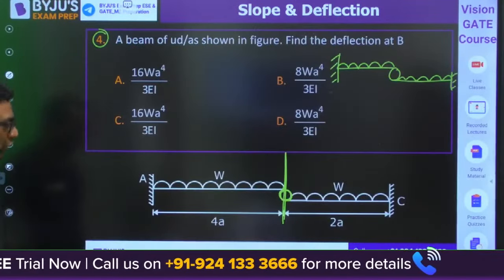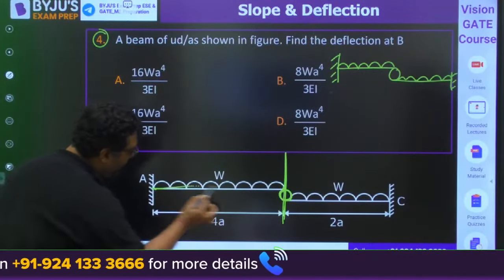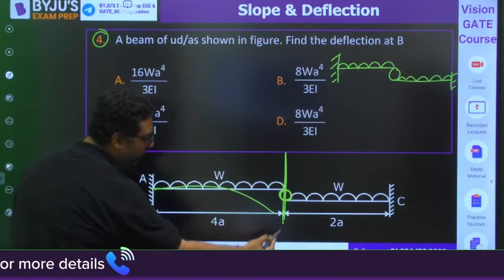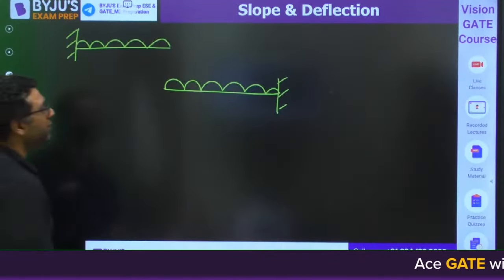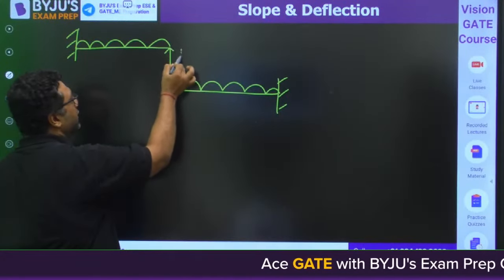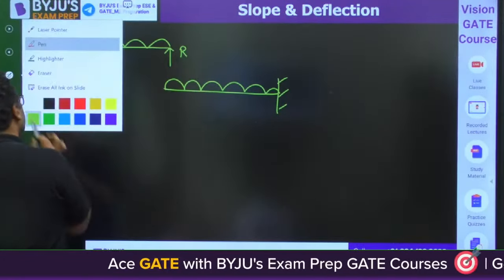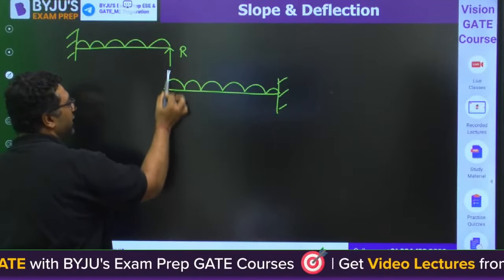When the first beam tries to go down, the second beam will apply a reaction on it. So the second beam will provide a reaction R here. But by Newton's third law of motion, the same reaction will come here as well.